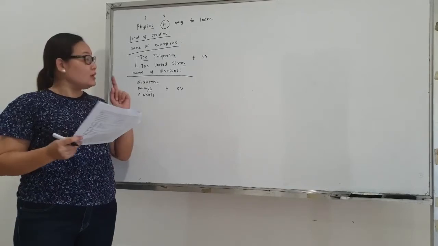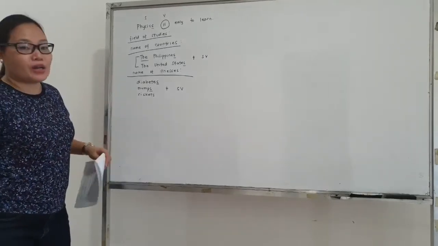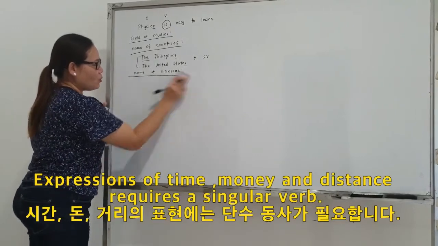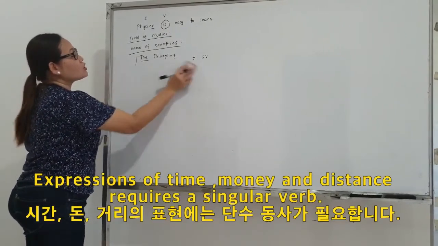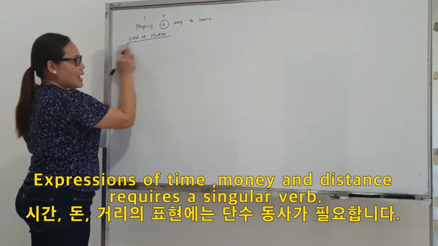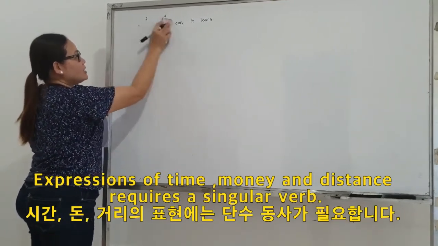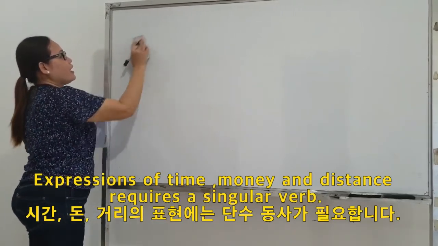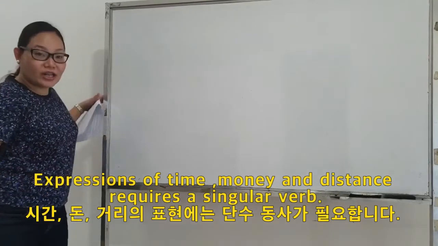The second one will be expressions of time. When we are dealing with expressions describing time, money, and distance, always remember that we are referring to it as one unit.